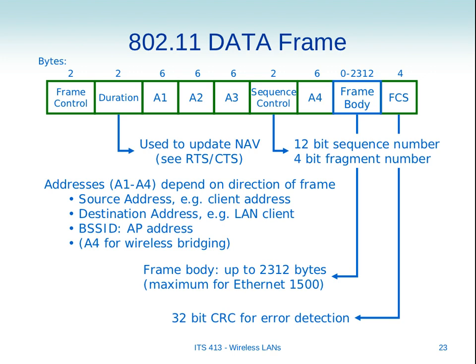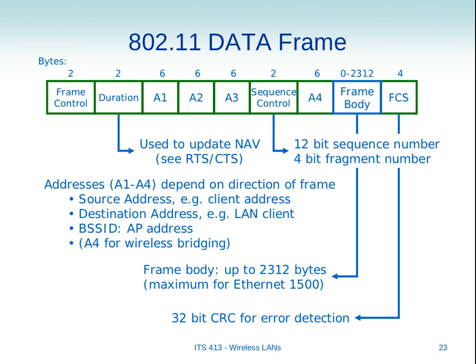This is the header. We have different fields, and we've seen some of those fields in the beacon frame. There's the same structure. We have frame control field, which is actually multiple fields inside there, 2 bytes in length. A duration field, which we'll see when we talk about RTS-CTS.